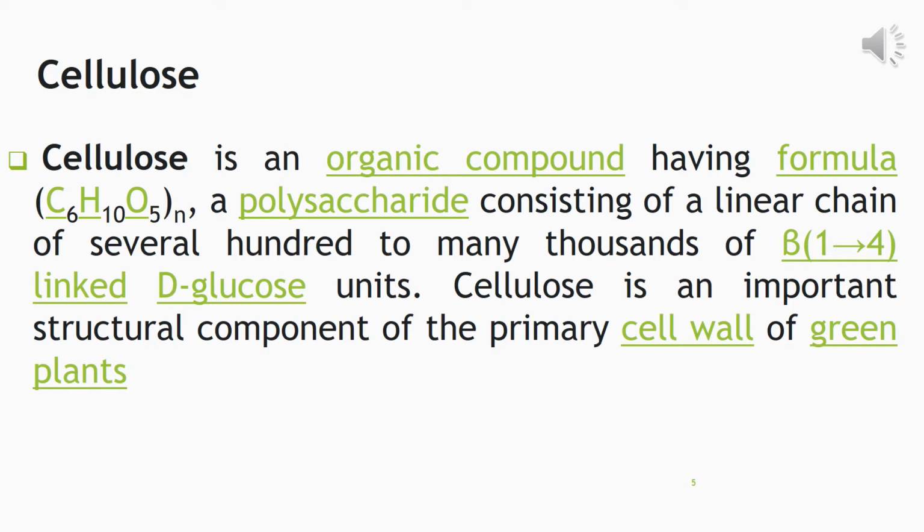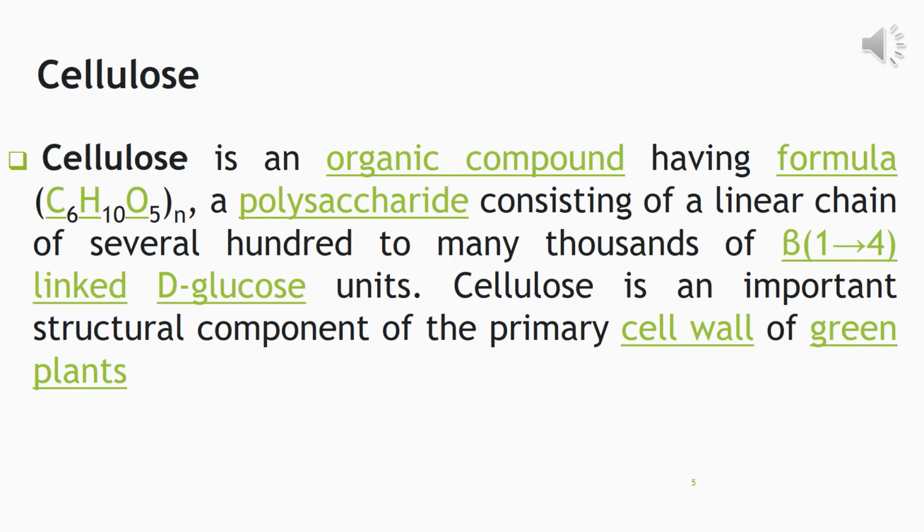When hundreds to thousands of D-glucose units are linked together by 1,4 beta linkage, making up a linear chain, the polysaccharide is made, and that polysaccharide, which is made by the beta 1,4 linked D-glucose units, is called cellulose.